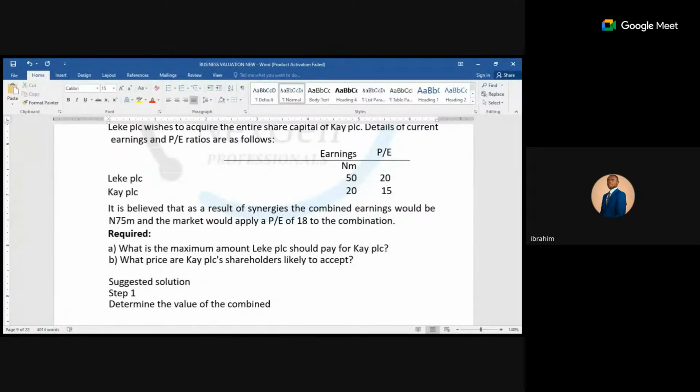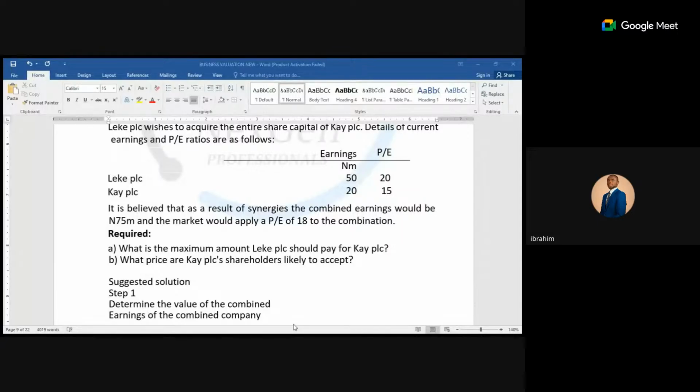Then, when you want to determine the value of a combined company, it is the earnings of the combined company. So you do what? Earnings of the combined company. That is earnings. They say earnings is profit after tax.